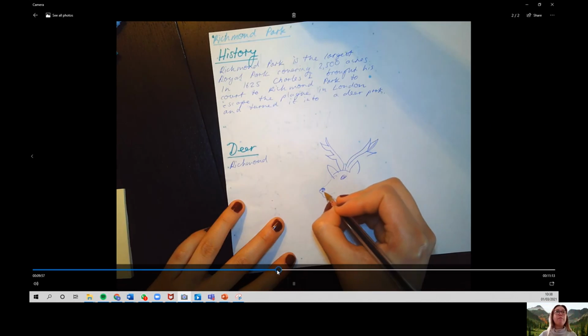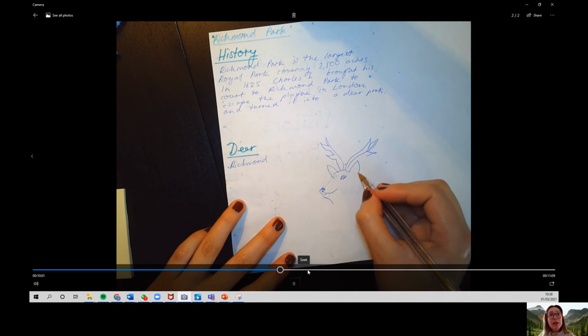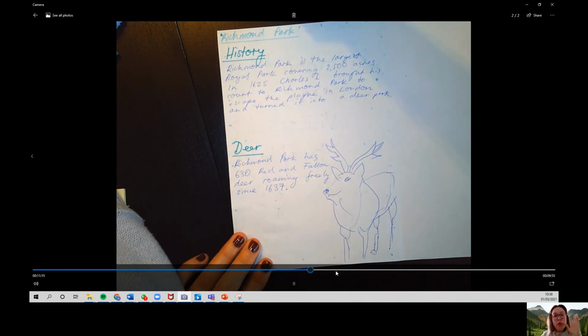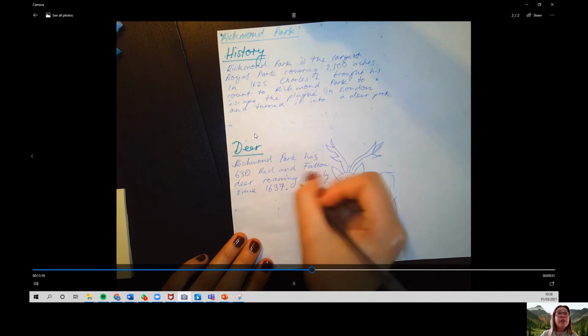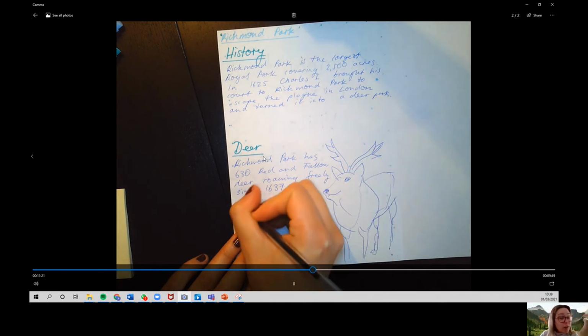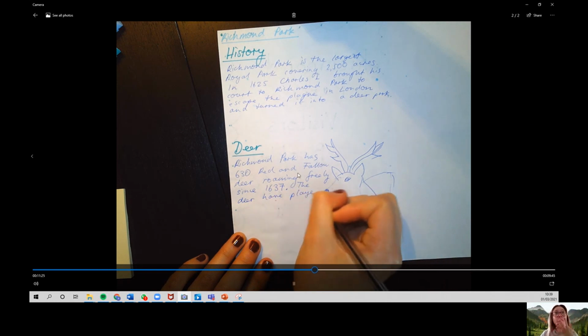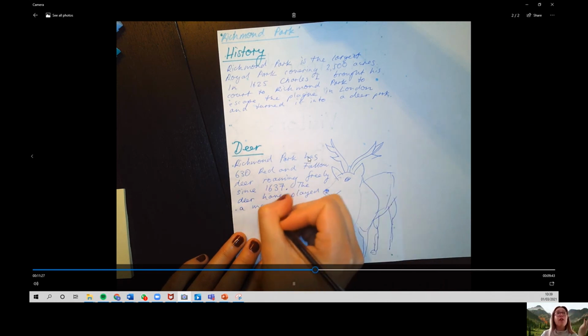Okay, I here have chosen to write about deer. Again, try and include pictures and drawings where you can to make it more interesting, because if you just have blocks of text, it's not that interesting for a visitor. You don't have to choose deer, you can choose invertebrates, birds, or bats, and make sure you include some information that you find from the website.